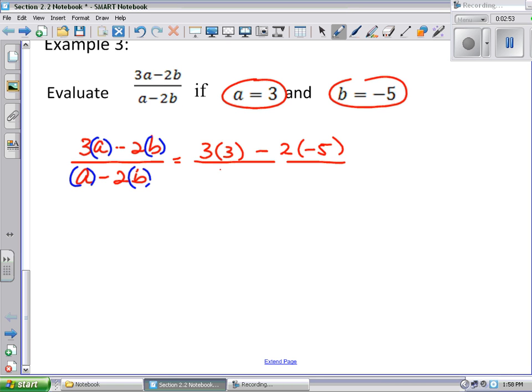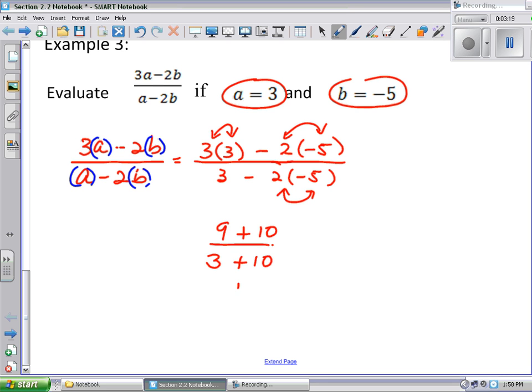I have to remember to multiply first using the rules of order of operations. 3 times 3 in the numerator is 9. Negative 2 times negative 5 is plus 10. In the denominator, I'll have 3, and negative 2 times negative 5 is plus 10. So now I'll have 19 over 13.